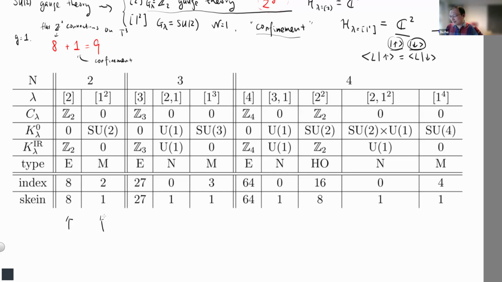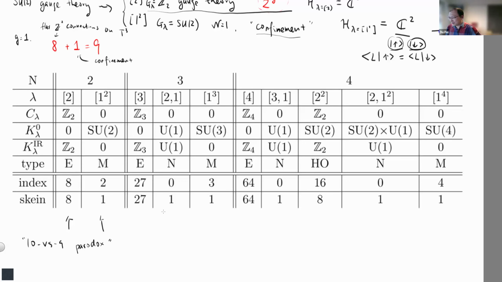And that's a missing one. So for skein it's 9, for index it's 10. And sometimes this is known as the 10 versus 9 paradox. And that's, in a sense, a solution to this paradox.